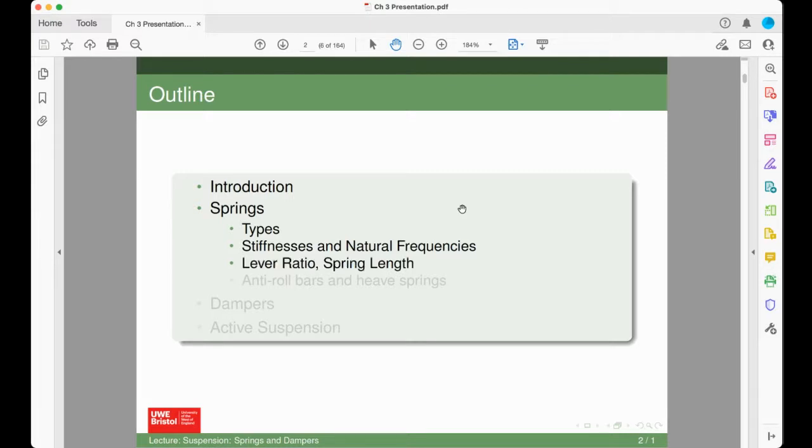Talk about leverage ratio and spring length, how to work out those things, and then talk about specific types of springs that deal with roll, so anti-roll bars and also heave springs, Z bars. Those types of springs also impact the suspension. There's a very short introduction to dampers and what they do, and a little bit about active dampers, and then at the end there's a description of what we mean by active suspension, including some examples.